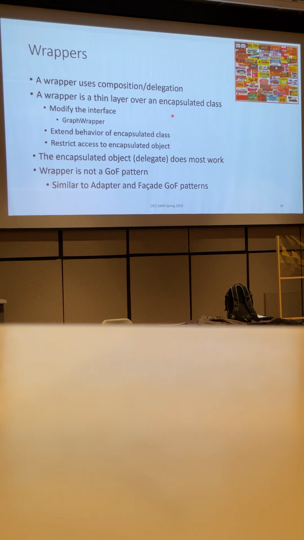Right, so yeah, wrapper is not a Gang of Four pattern, but it is very similar to adapter and to some extent facade. But facade, remember, has to be hiding stuff, right? Not just exposing all the functionality. If it exposes all the functionality, it would be the adapter.